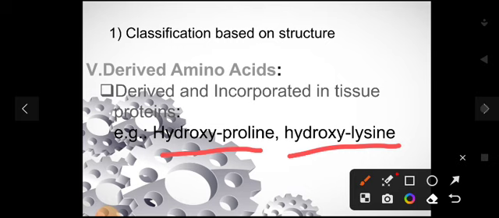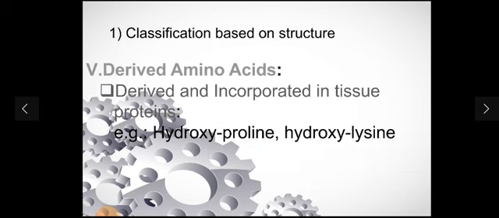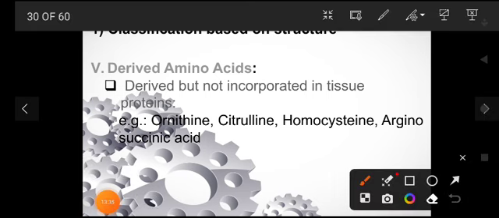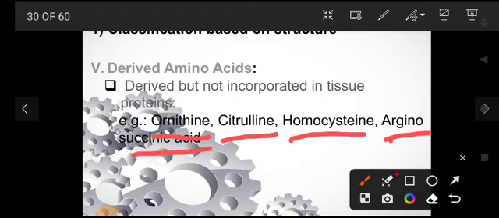But they are mostly found being incorporated into the protein or into the cell. Now, the ones that are derived but not incorporated, in that group we have the citrulline, the ornithine, the homocysteine, and the adenosinic acid.